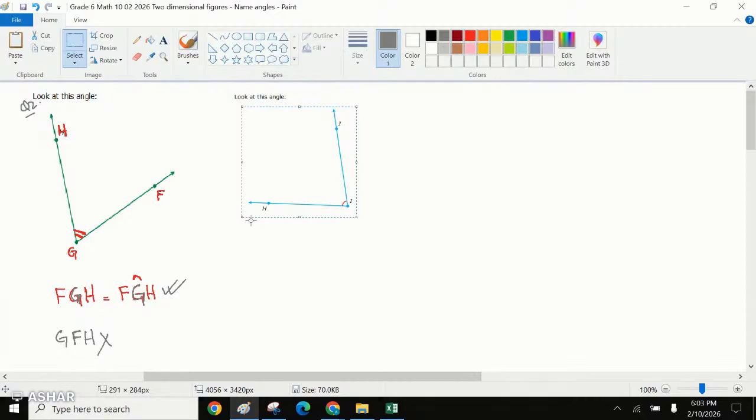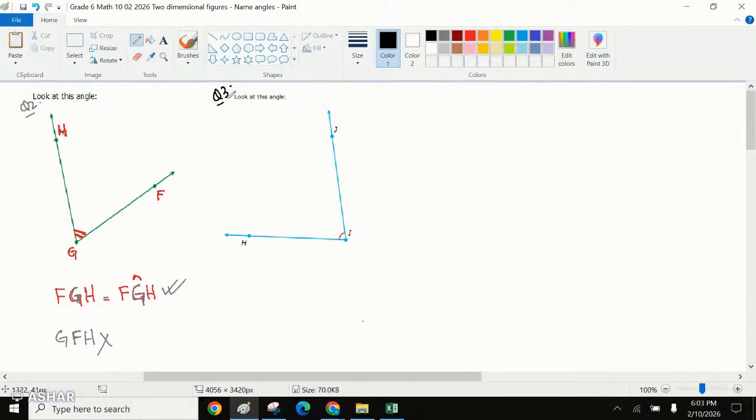In this given question, question number 3, this is J, I, and H. So what angle should it be? Can anyone help me out? The angle was made on I. That means I should be in the middle.